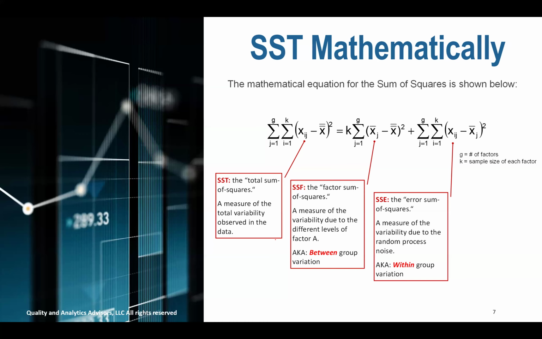And then whatever cannot be explained by the factor needs to be noise. That is what we're going to call the error sum of squares. In other words, a measure of the variability due to the random process noise, also known as within group variation. Let's see this graphically.